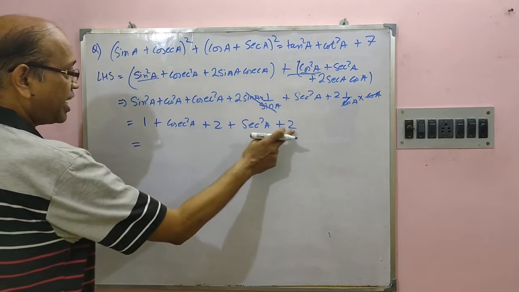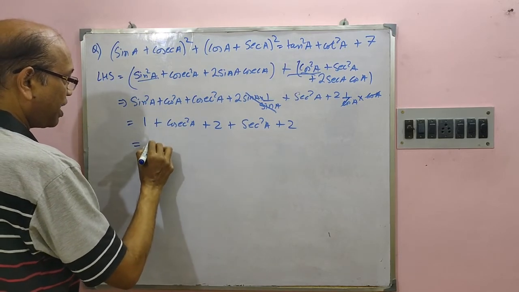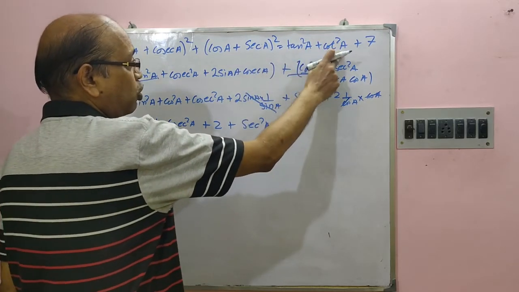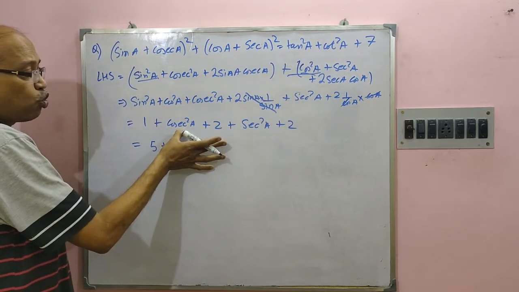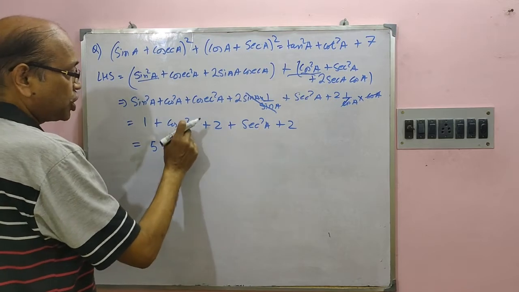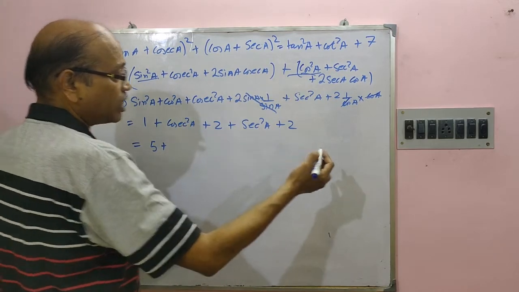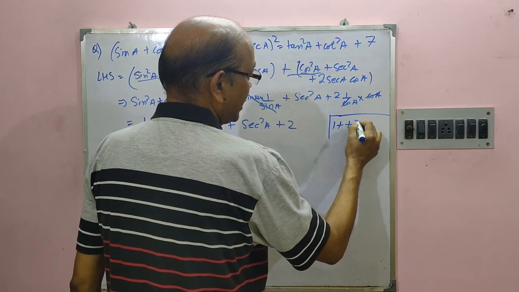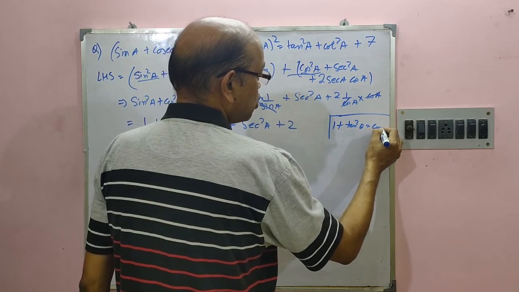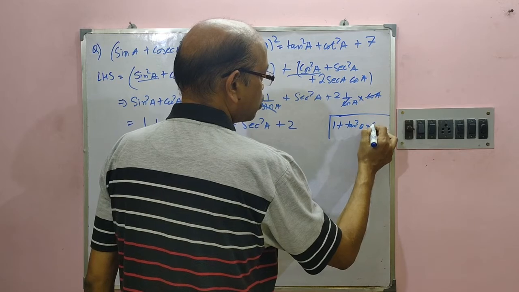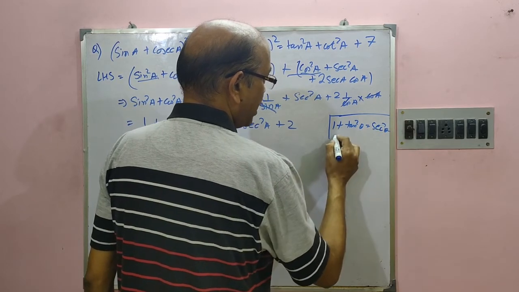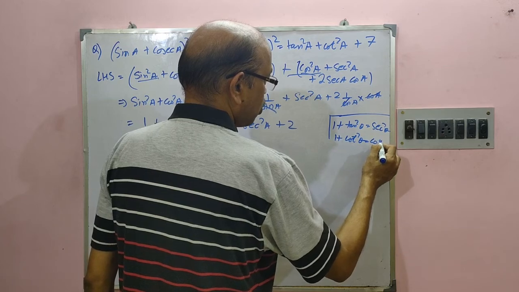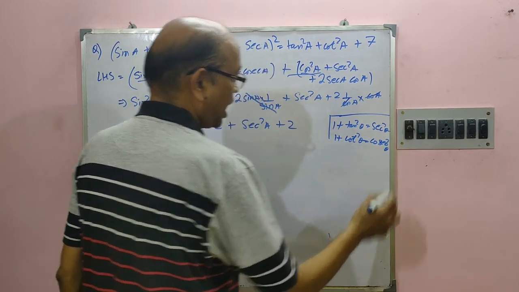So how much did I get? 2 plus 5 plus. My right hand side is tan square and cot square, but here I have cosecant square and secant square. Change cosecant square to tan square. We know 1 plus tan square theta is secant square theta and 1 plus cot square theta is cosecant square theta.